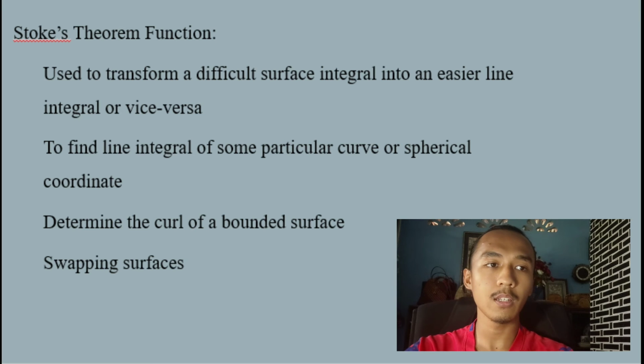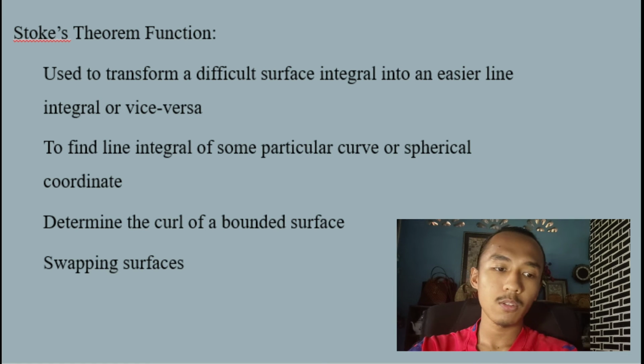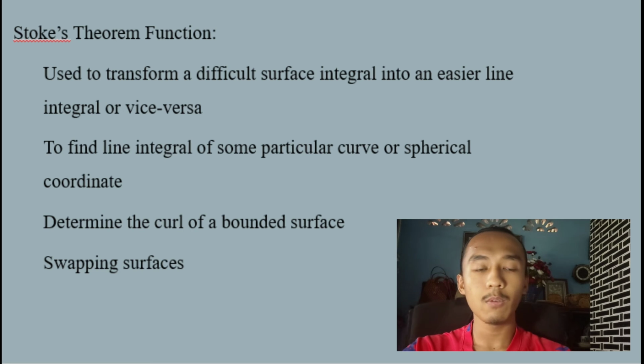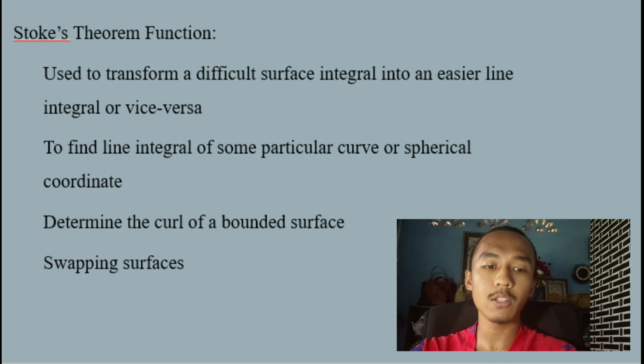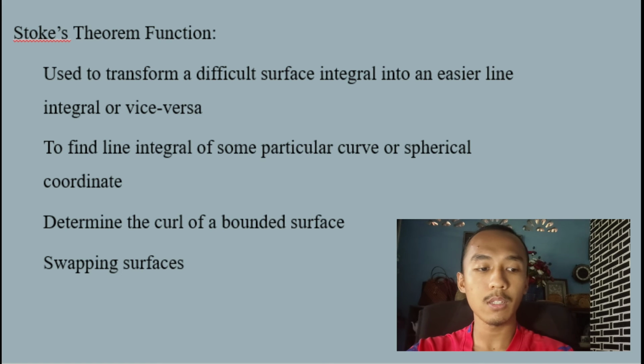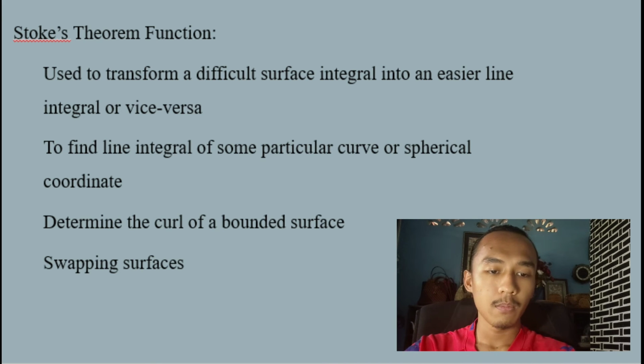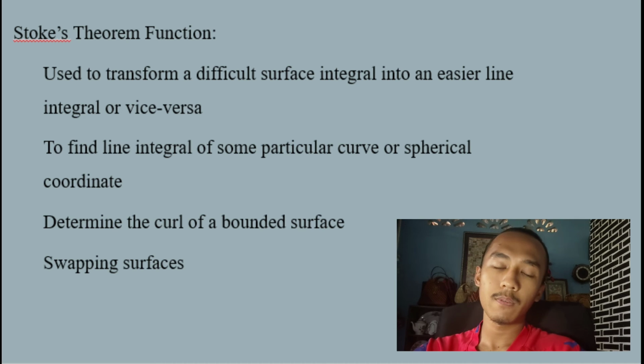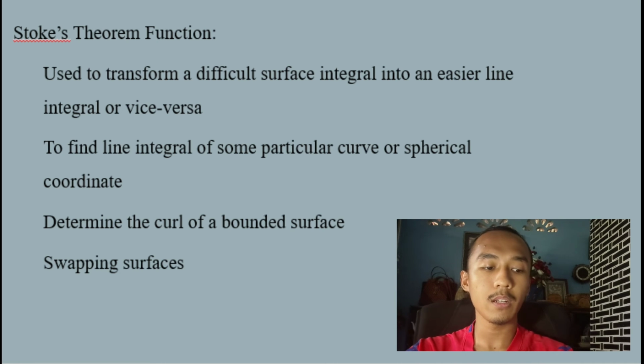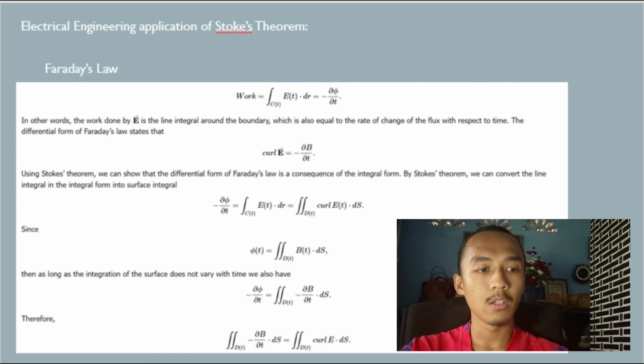Third is to determine the curl of a bounded surface, and the fourth is the sweeping surface, since Stokes theorem says that if we want to evaluate the circulation along a surface, we need only look at the boundaries and we can swap one surface for another, provided that they have the same boundary.